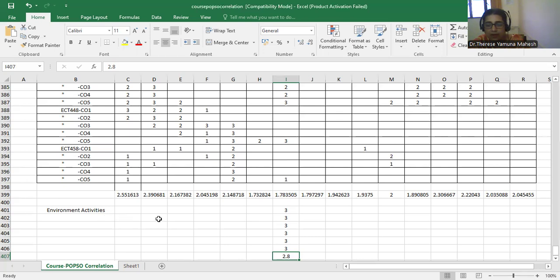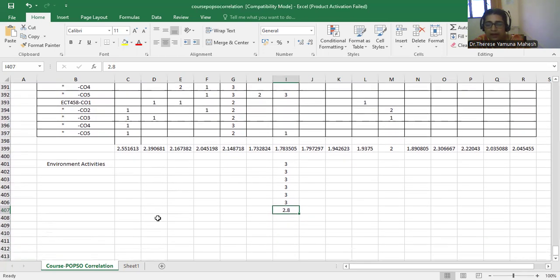So the problem is we don't map these additional activities to our POs. So if all the activities that are conducted towards the environment are mapped over here, and they are given full substantial mapping to PO7, you can see how much the PO value increases. So it is our duty to conduct programs and see that this gap is covered up.